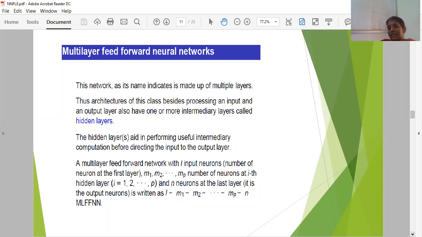Here, in the multi-layer feed-forward network, besides the input layer and output layer, you have one more intermediary layer, which is known as the hidden layer. You will understand for what sort of problems we need to implement this multi-layer feed-forward neural network.